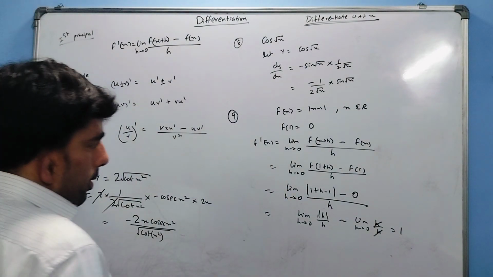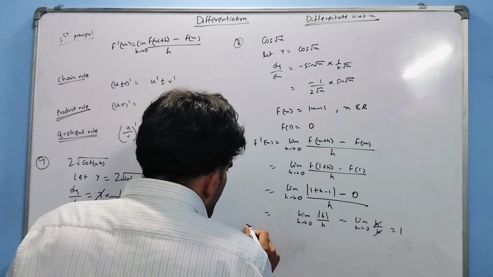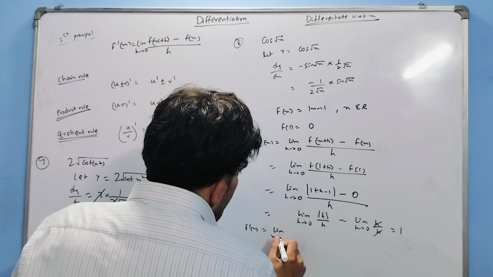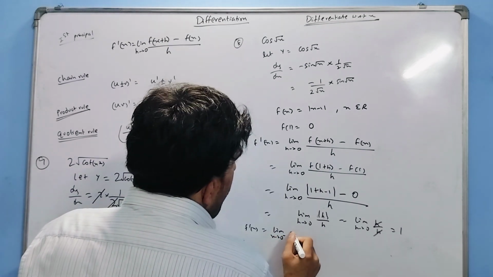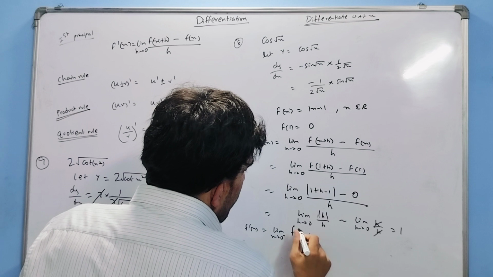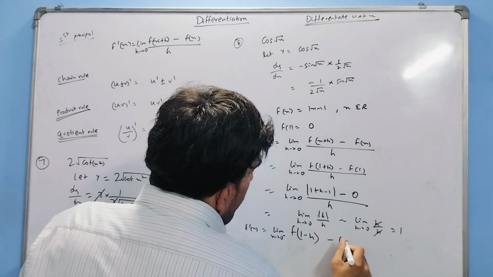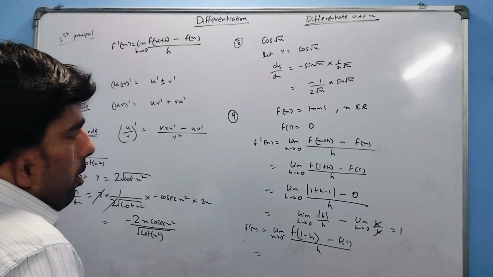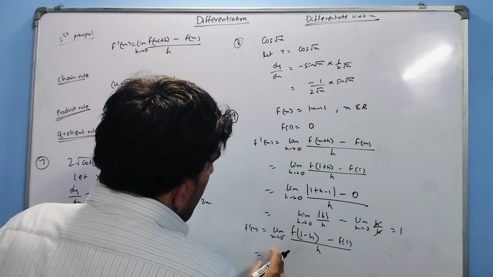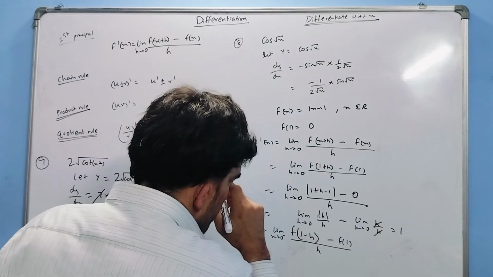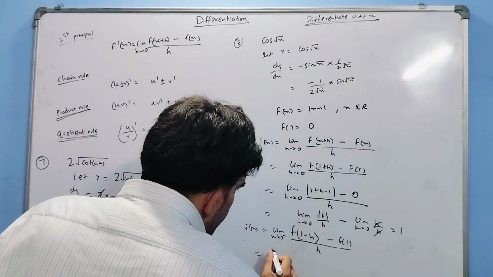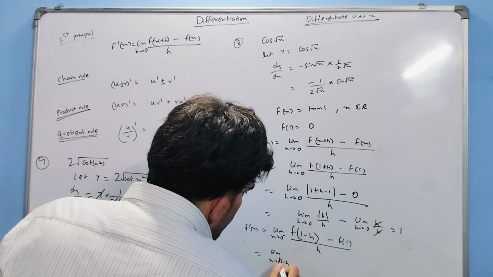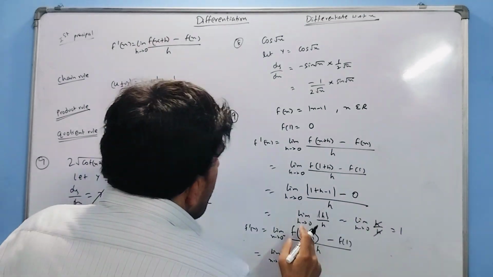Now we'll take the left hand limit. So f dash x will be equal to the limit as h tends to 0 negative, we can say. So we'll have f of 1 minus h minus f of 1 upon h. If I apply it, what will I get? Negative I am applying, that is minus h.